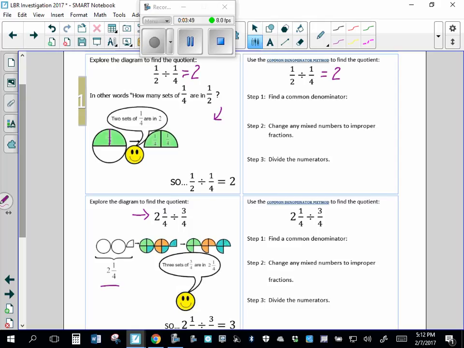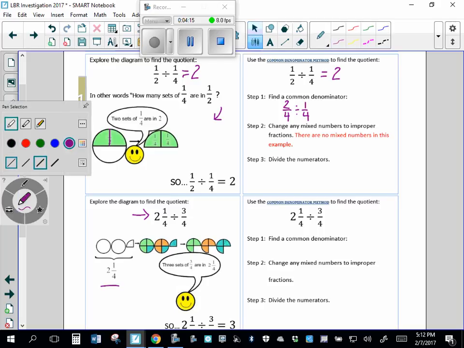Step 1 was find a common denominator. So 1/2 is the same as 2/4. So I'm going to change the problem to 2/4 divided by 1/4. Step 2 was to change any mixed numbers to improper fractions. And in this problem, there are no mixed numbers, so we move to step 3. And step 3 is to divide the numerators.